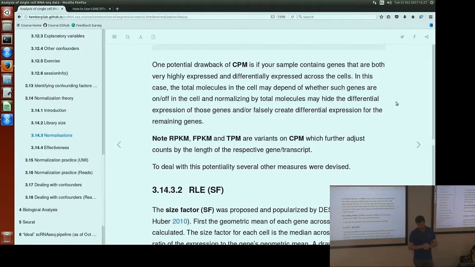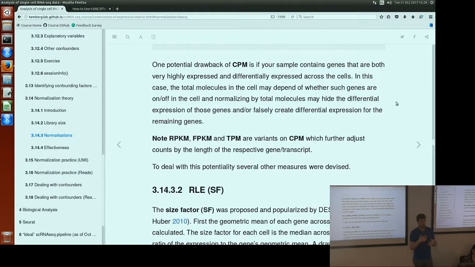I guess it's as good a point as any to say that RNA-seq, whether bulk or single cell, is a relative measure. We can only really look at how highly or lowly expressed things are in a given sample or given experiment. And it's always been a challenge to compare expression levels of different genes because there are so many inherent differences in them.